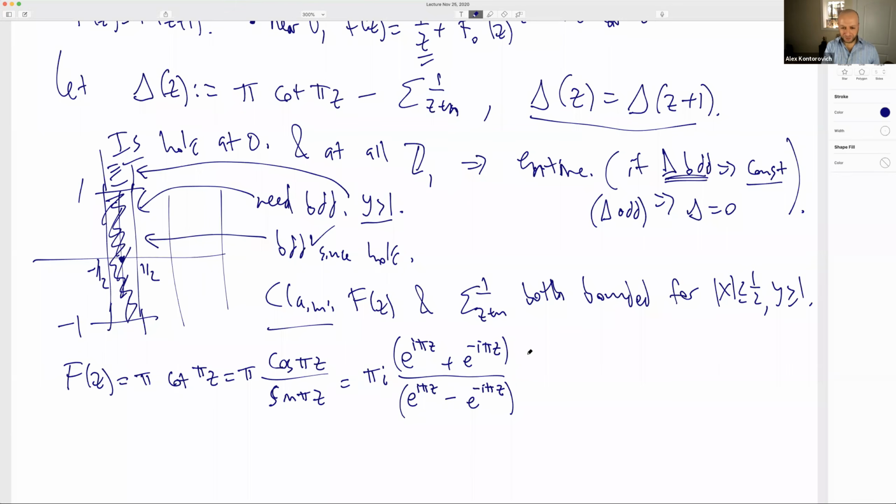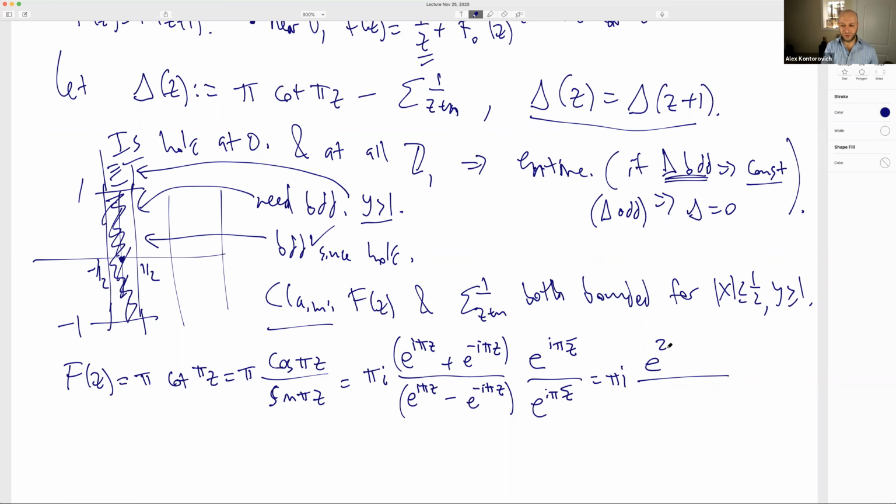I think if I multiply this by e to the i pi z bar, will that work? Let's try multiplying the top and bottom by e to the i pi z bar. I hope this will work. So we have pi i. e to the i pi z bar times this gives me an e to the z plus z bar.